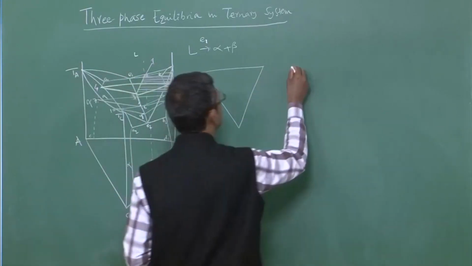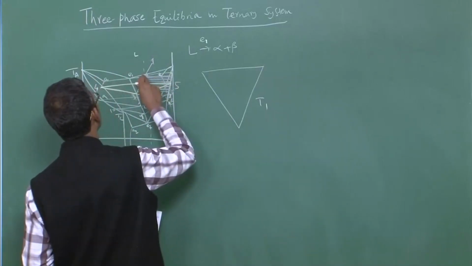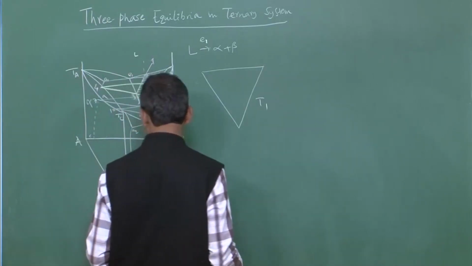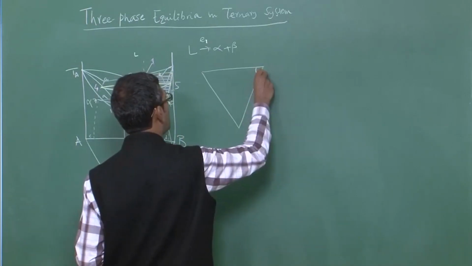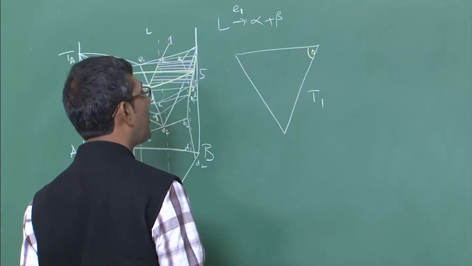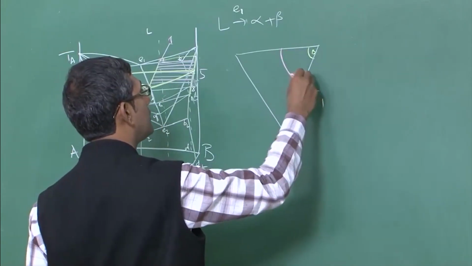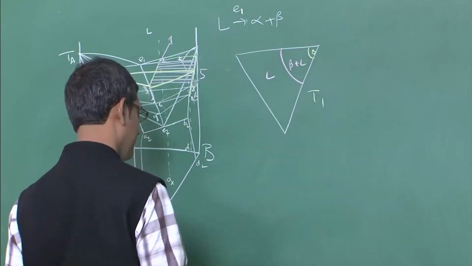Okay. So, this is at T1, suppose T1 means the temperature corresponding to 0.1, and obviously at this temperature you have beta, and then you have beta plus liquid and liquid. Okay.